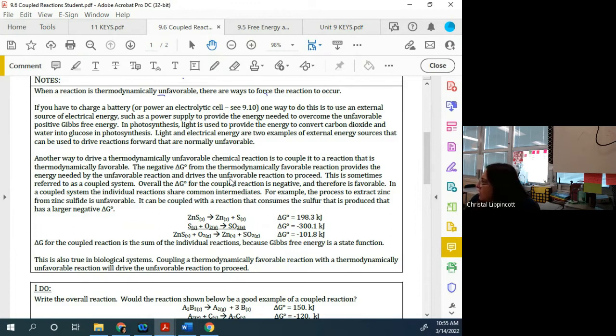Essentially, you are forcing that battery to go a direction that it doesn't want to go. The electricity is causing that unfavorable reaction to happen, but you have to have that electricity present. And then you take it off the charger during the day, then it's slowly going through that favorable, so it's positive or negative delta G for the rest of the day when it's off the charger.